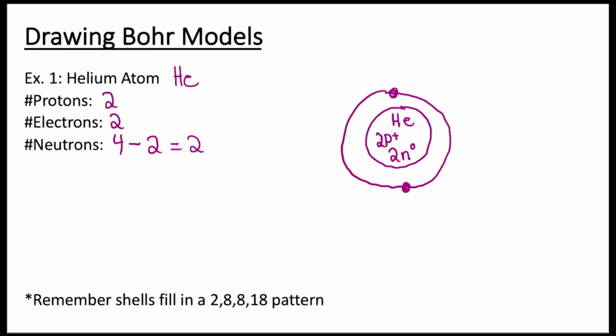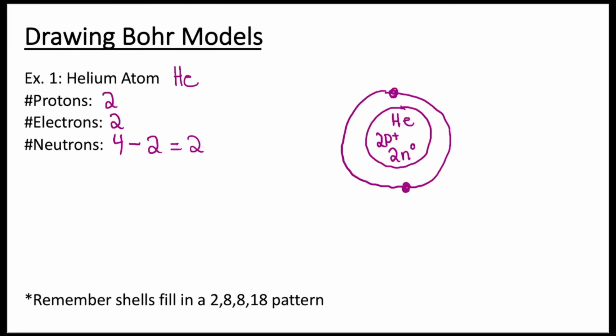So one at the top, one at the bottom, one to the right, one to the left, and then you would pair them up after that. If you space them out evenly, that's also fine, but either try to separate them evenly or pair them up in groups of 2, never more than 2. So this is the finished Bohr model for helium.